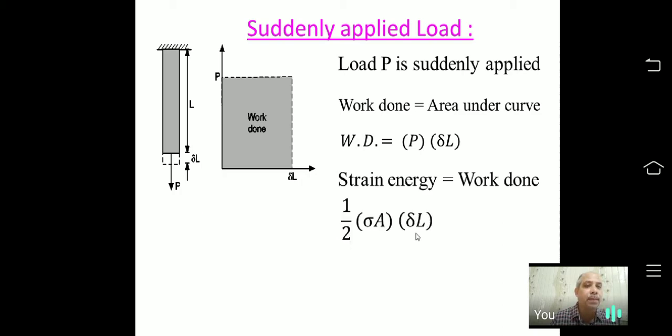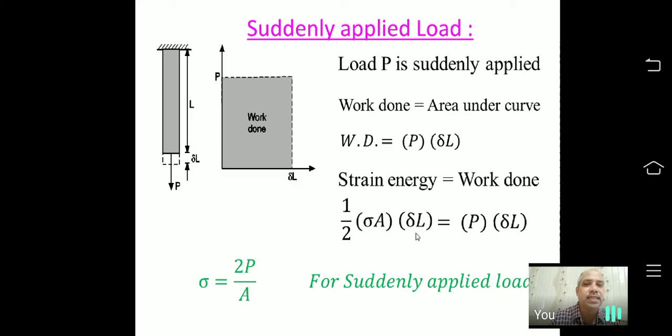That will be 1/2 sigma A into delta L, but now work done due to suddenly applied load will be P into delta L. And now if you simplify this, then you will get sigma equal to 2P upon A. This is sigma sudden, and sigma gradual is P by A. So we have sigma sudden equal to 2 times sigma gradual.